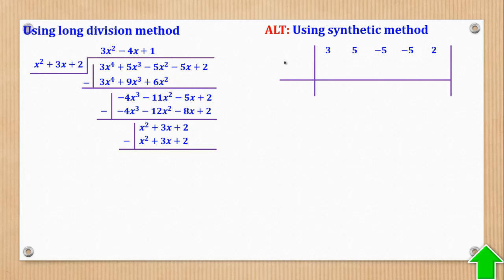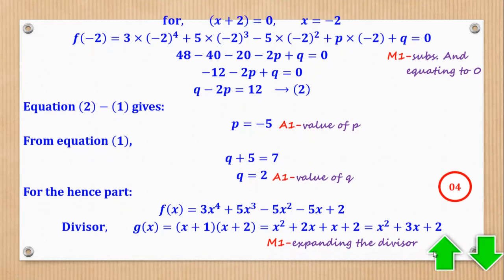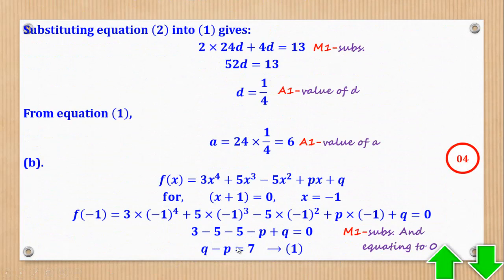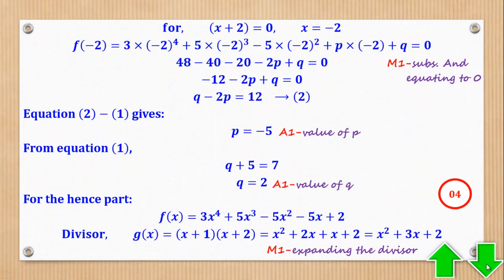Then, now here you don't use quadratic. You'll go back here and remember that we had x equal to -1 and also x equal to -2.